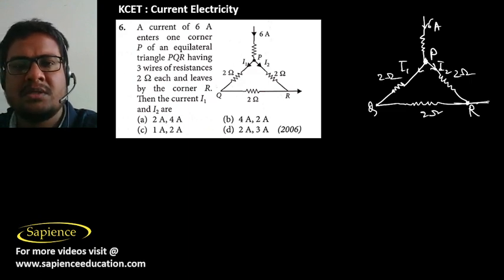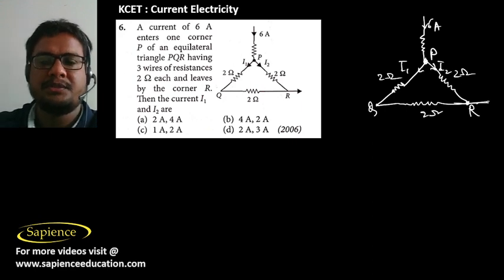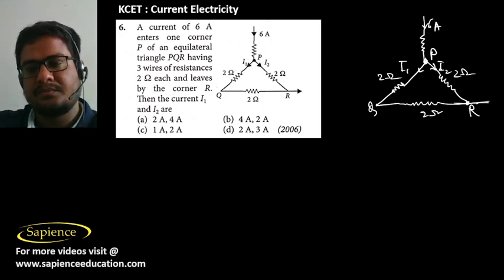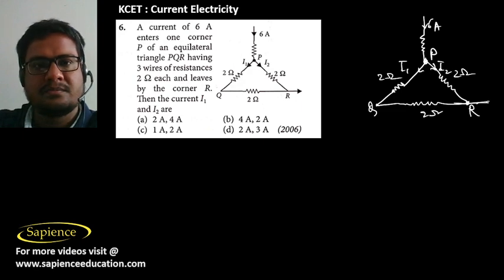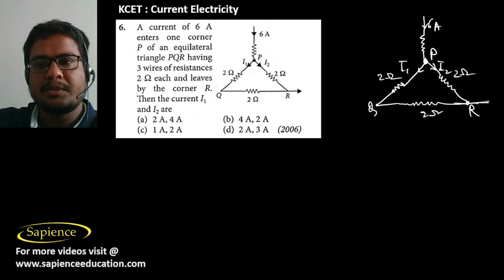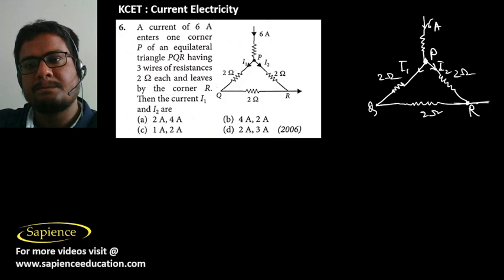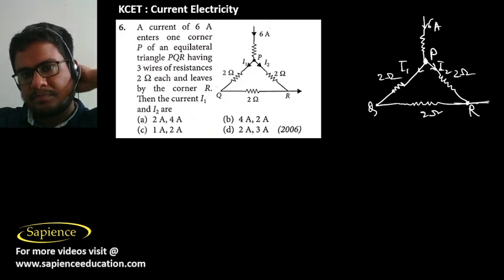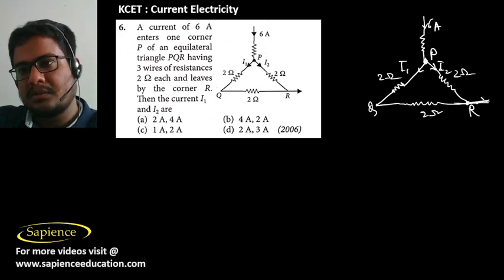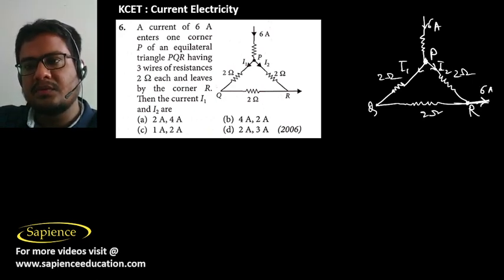Current I1 and I2 are how much? So here the net current 6 ampere will again come out.